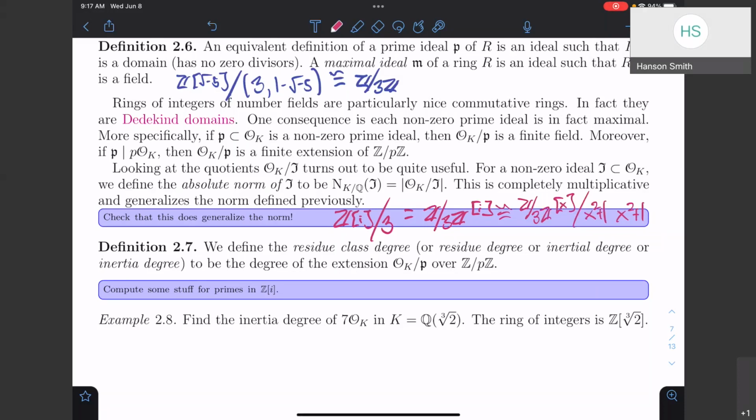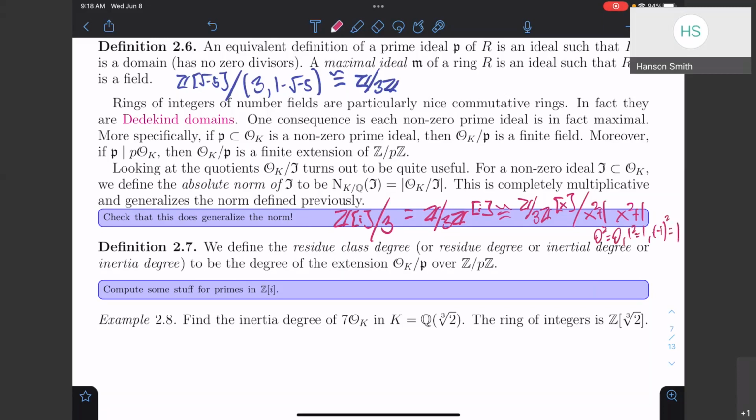Now, does modding out by x squared plus 1 give me an honest to goodness extension, or does x squared plus 1 actually factor over Z mod 3Z, so I'm really getting just two copies of Z mod 3Z crossed, something like that? Well, we can check. It's a quadratic polynomial, so we can just plug in and see if we have any roots. 0 squared is 0, 1 squared is 1, and minus 1 squared is 1.